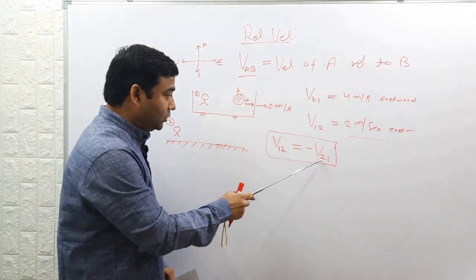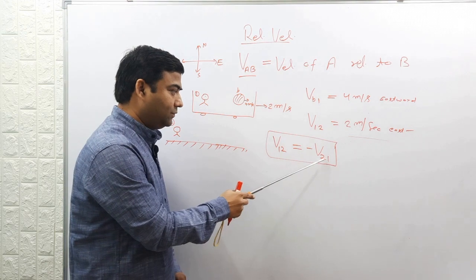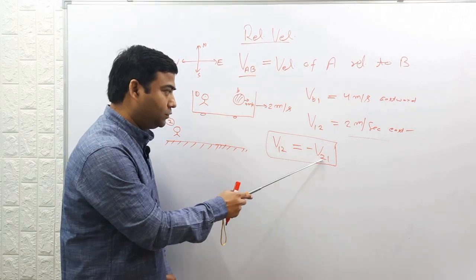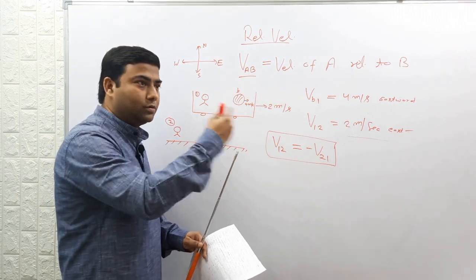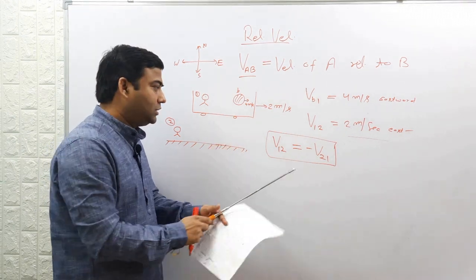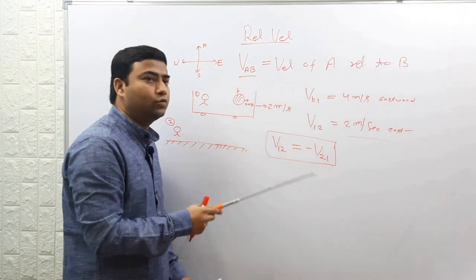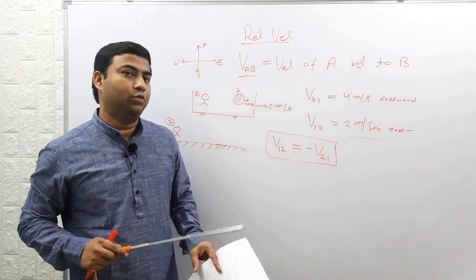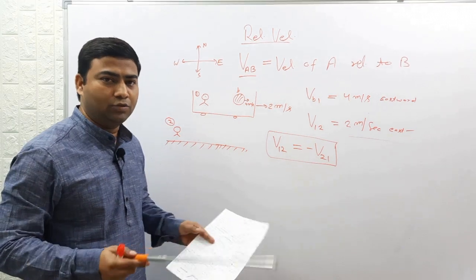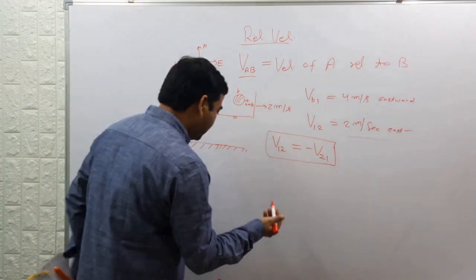When you find V21, that is velocity of 2 with respect to 1, that is opposite. So naturally the velocity of 2 with respect to 1 will be the same in magnitude but in opposite direction. That you can easily imagine. Just imagine that.